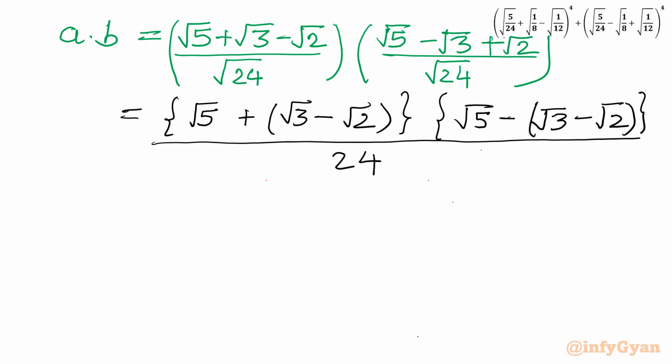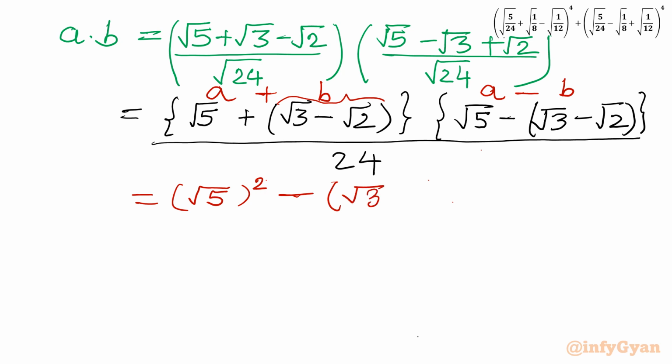Now we recall one algebraic identity. You can see it is A plus B. If we call root 3 minus root 2 as B, then it is A minus B. So we can write the difference of two squares formula. So I will be writing A square, so root 5 whole square, minus B square.